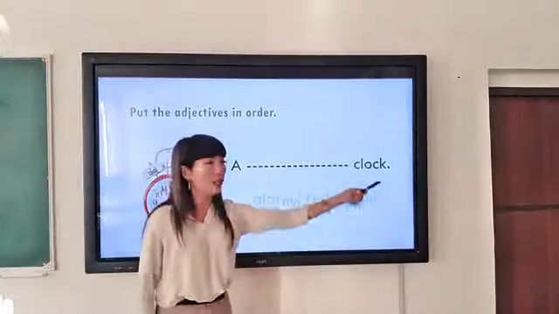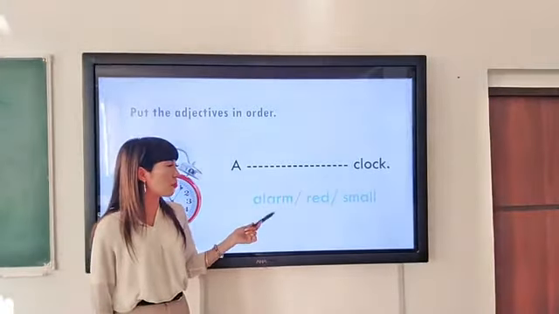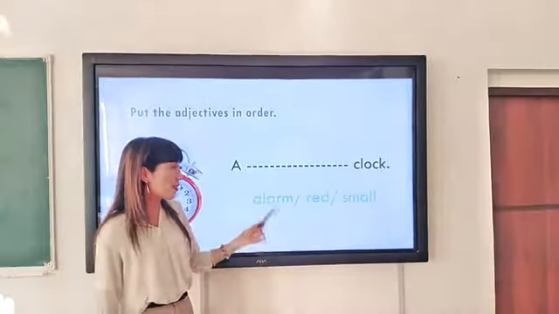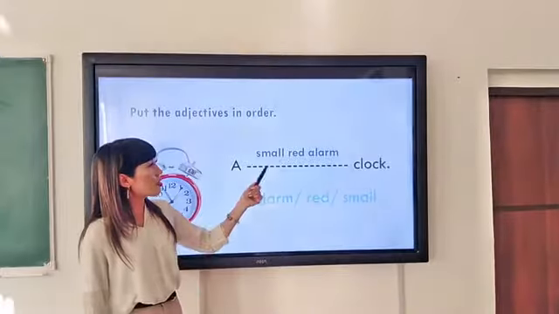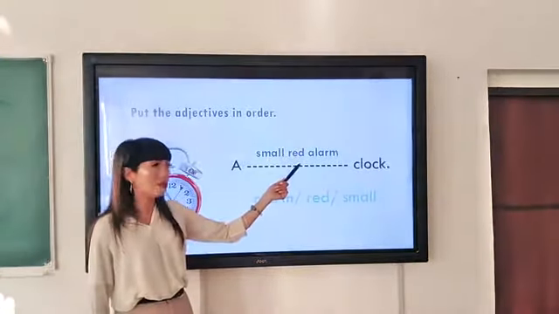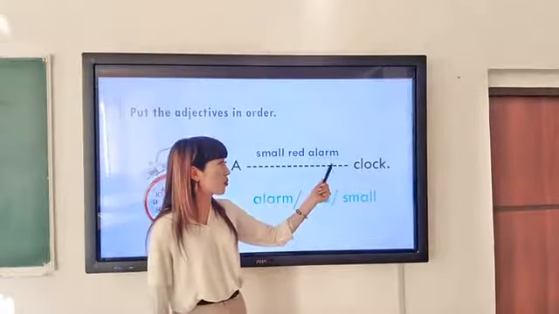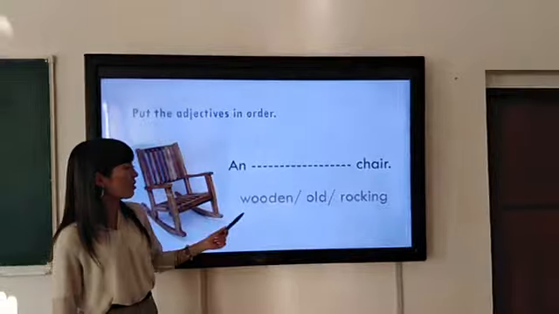It's about the clock and you have to think about what adjective you will put first. So, I think that you have found the answer. Let's see the answer. Okay. Small, red, alarm clock. Small is size, red is color, and what kind of clock? Alarm clock.